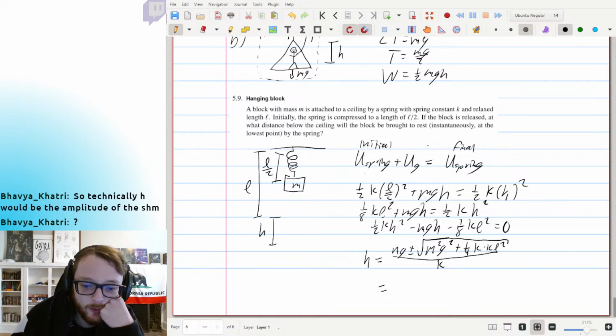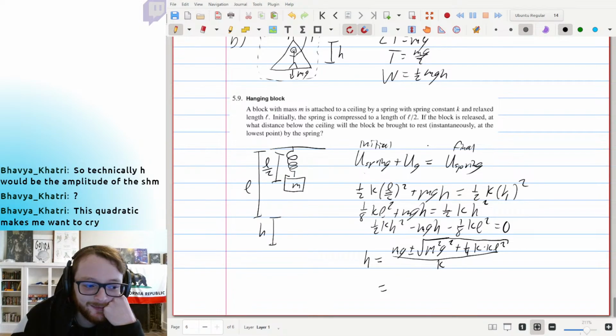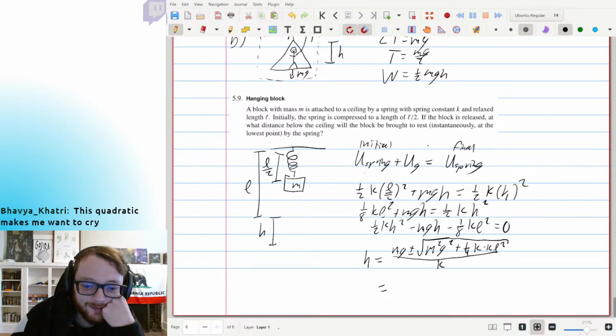Well, we have an issue where this annoying thing underneath the radical isn't going to factor. It was much nicer before when I was mistakenly doing the H plus L thing because the L terms canceled.